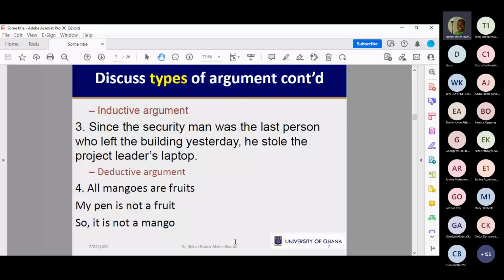If you were very good in Venn diagrams, then I would have just used the Venn diagram to show you. You have a basket of mangoes. All those mangoes in the basket, a set of mangoes, you put it inside a truck that has so many fruits. Okay, so the truck, the big bus or truck is there.